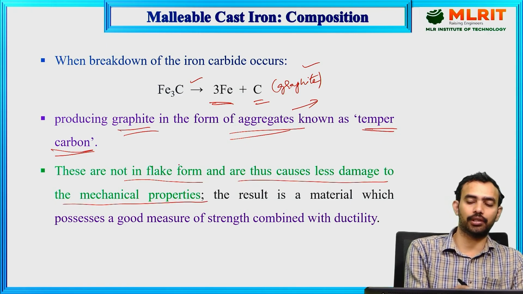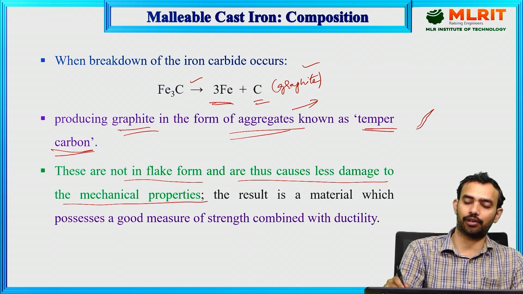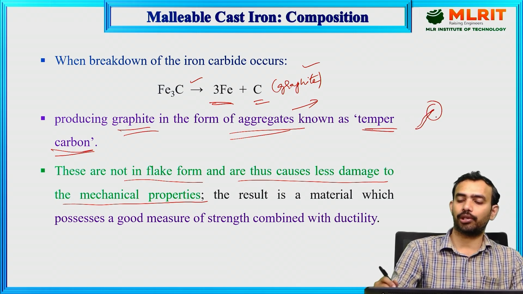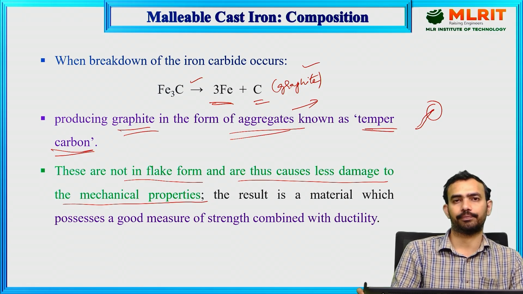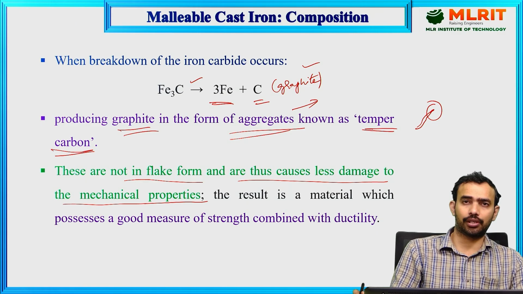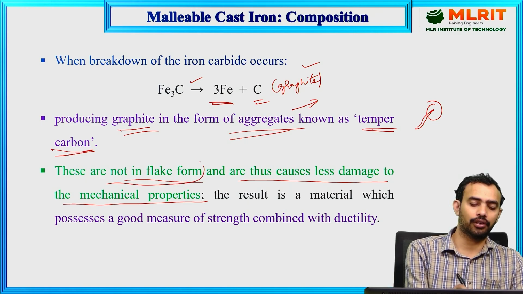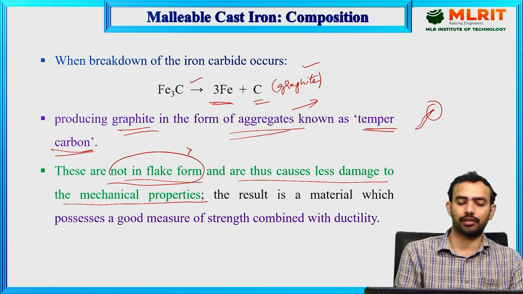What is the problem with the flake form? If it is in flake form, it has sharp tips. Because of these sharp tips, it acts as a stress concentration region, which deteriorates the overall mechanical properties. That does not occur in malleable cast iron, since flakes are not present.